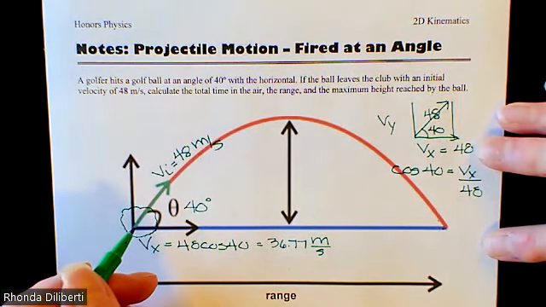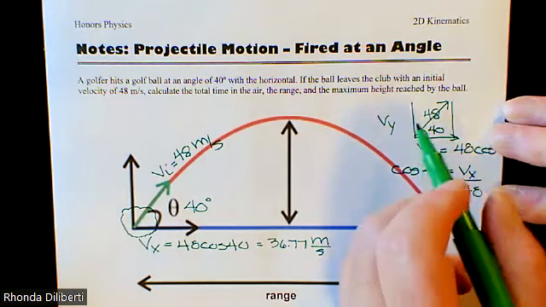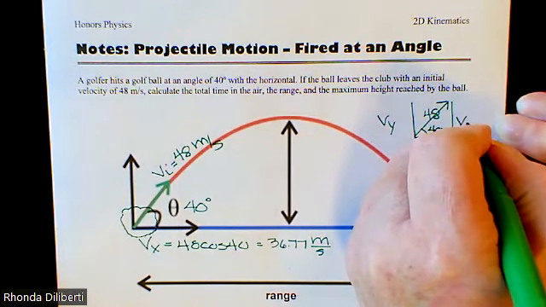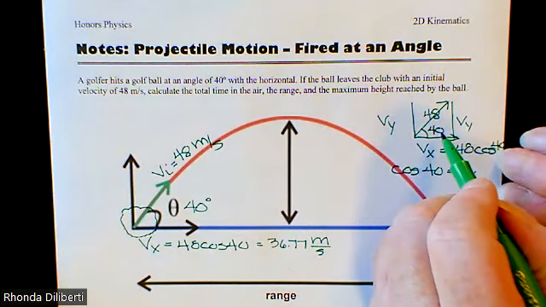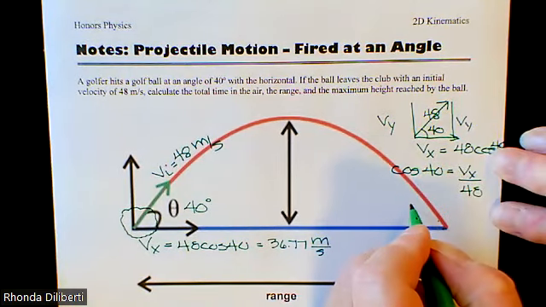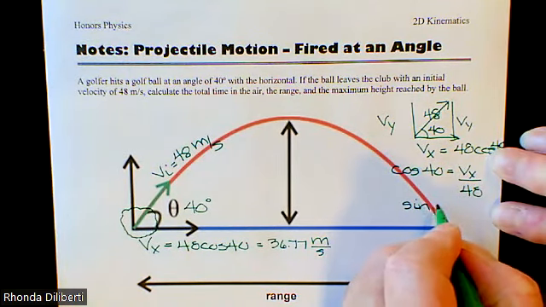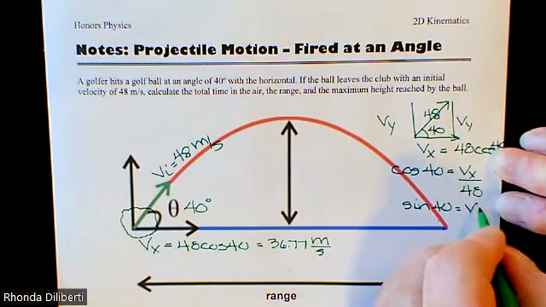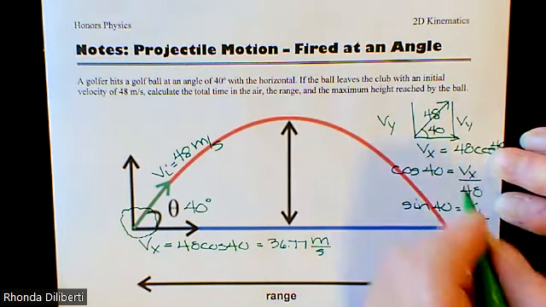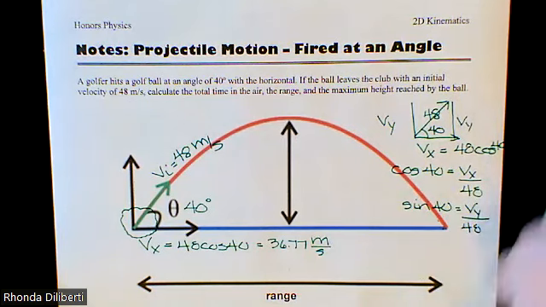Let's figure out what's happening in the upward y direction. We'll call this Vy. You can see that Vy is opposite the 40, so sine of 40 will be Vy over the hypotenuse, which is 48.